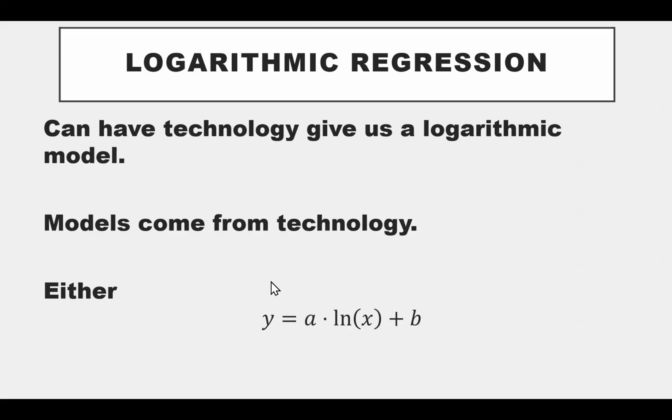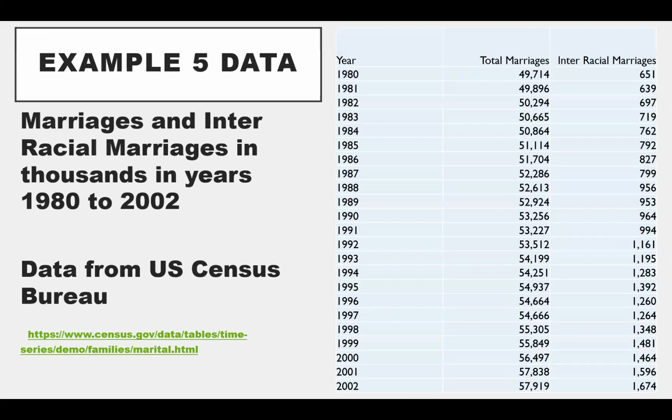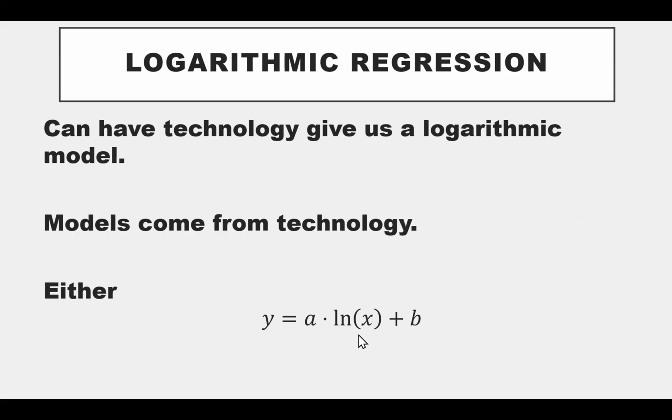And the models are going to look like y equals a times natural log of x plus b, or you can rewrite that in some other ways. Generally, that's what it looks like, though: a times natural log of x plus b.